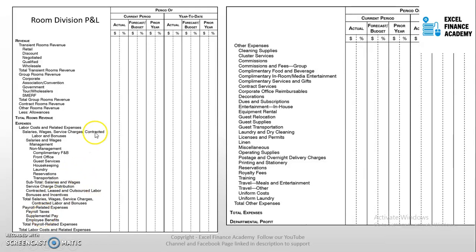The individual meaning of these terms we discuss in our individual courses: we have a course for rooms division, a course for F&B division, and other courses as well. The other expenses for the rooms division are further divided into various categories, as you can see here: commissions, complimentary, contract services, laundry, guest supplies, operating supplies, printing and stationery, traveling, uniform, and so on. And then you have the departmental profit.